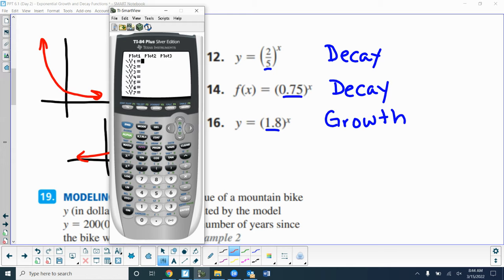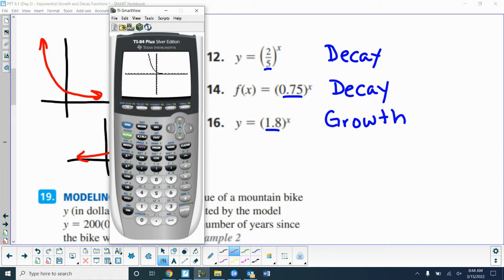All right, so 2/5, put it in parentheses just like that, 2 divided by 5, caret x. And hit graph. Oh, I have it in the first quadrant. I have to change my window. How do I get to the normal window? Zoom 6, right? There it is.